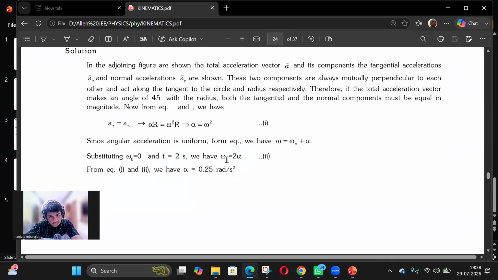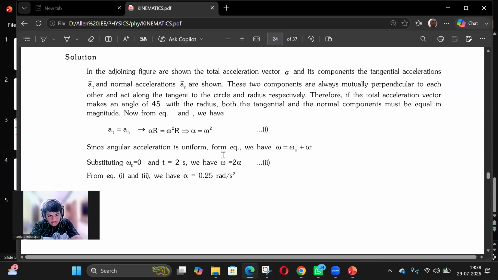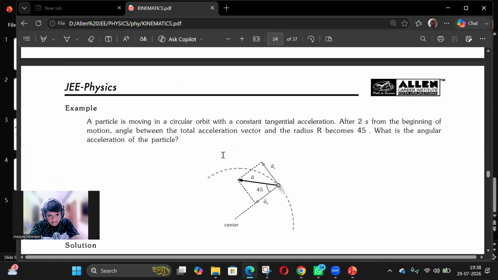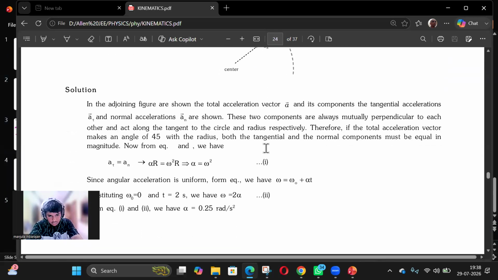The second one is, it starts from rest, is it? From the beginning of motion. So he is saying it's starting from rest.